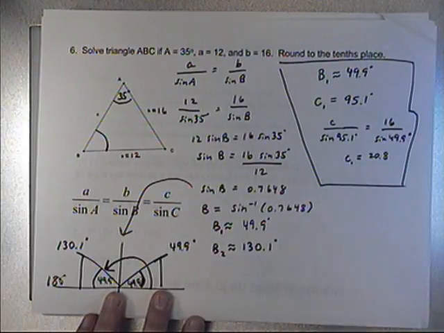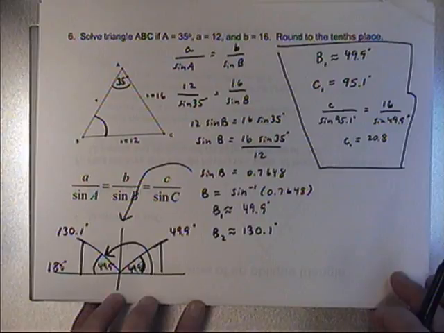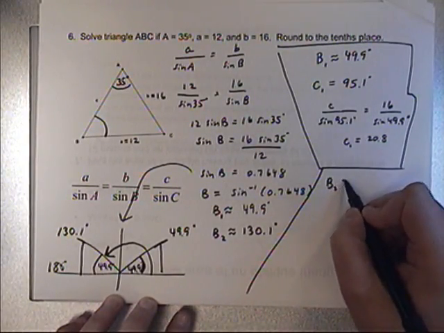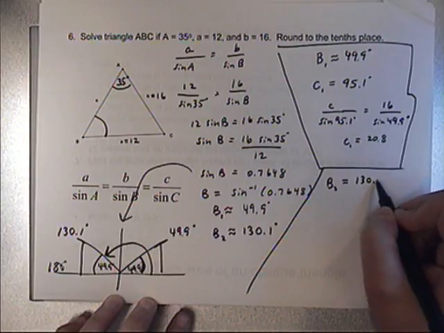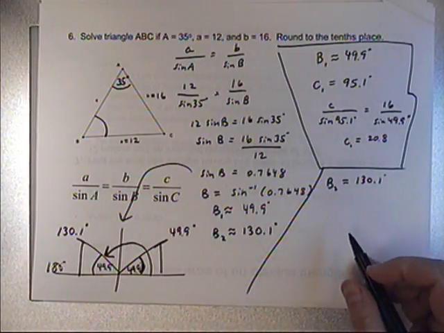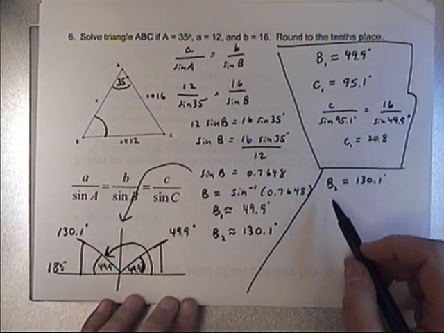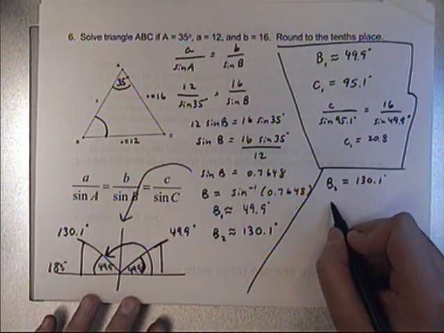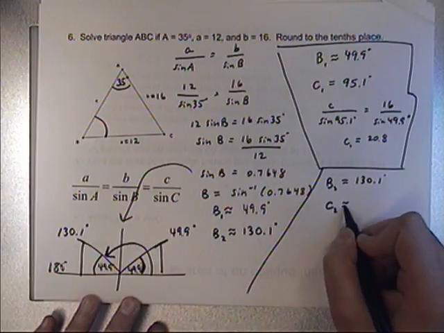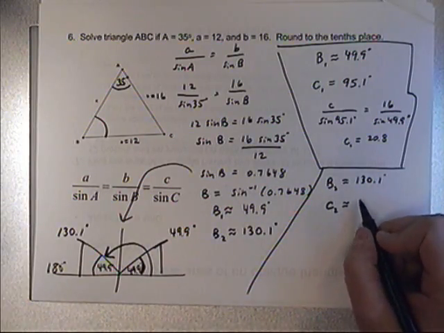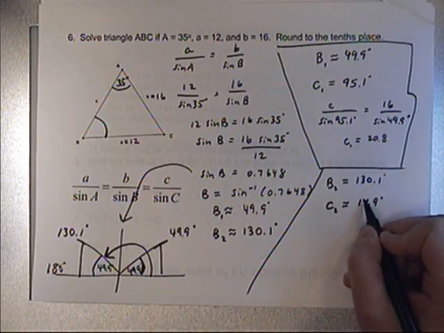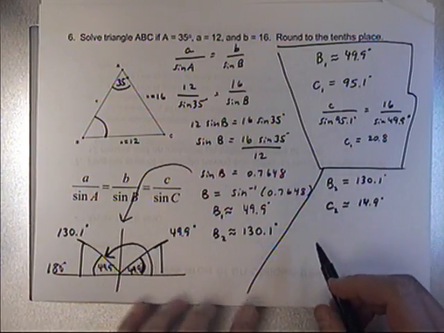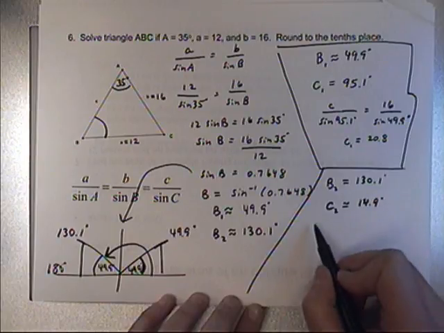We can also solve this in the same way if angle B is 130.1 degrees. So that would be adding that to this and subtracting from 180. Angle C would be 14.9 degrees. And then setting up again to find the last part, which would be side C. We'd do the same thing as we did up here.